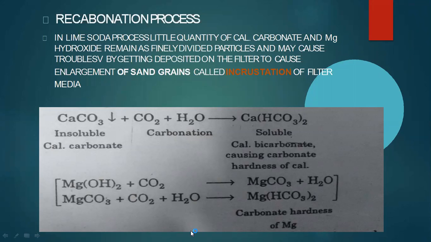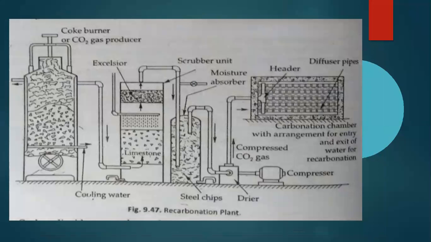For example, calcium carbonate plus CO2 plus H2O gives calcium bicarbonate. Magnesium oxide and magnesium carbonate will further react, and they will form the carbonate hardness of magnesium. When these further react with the lime, we will obtain pure water.